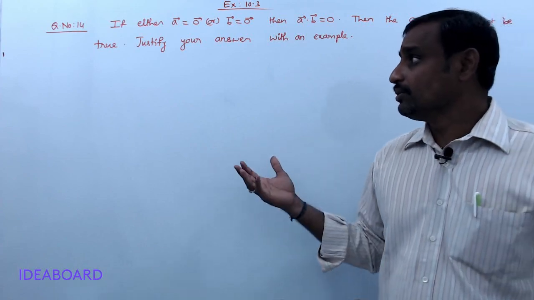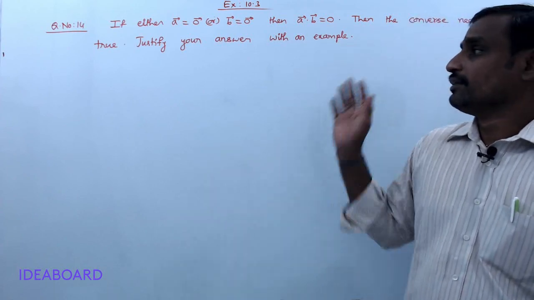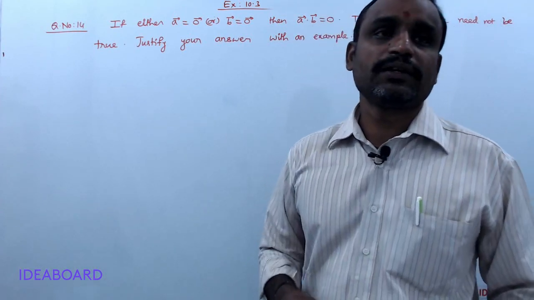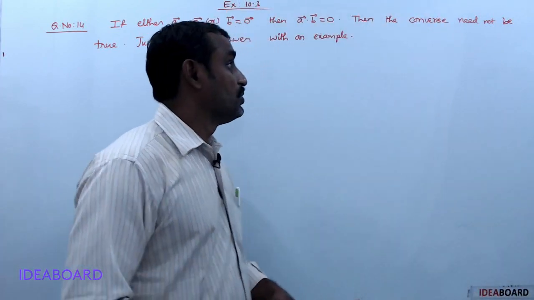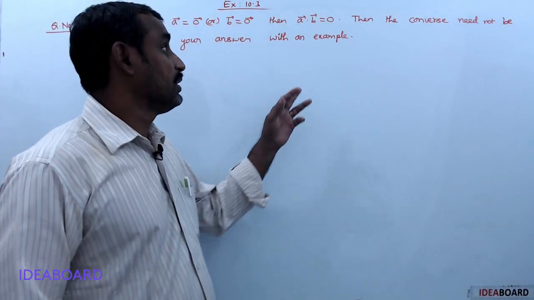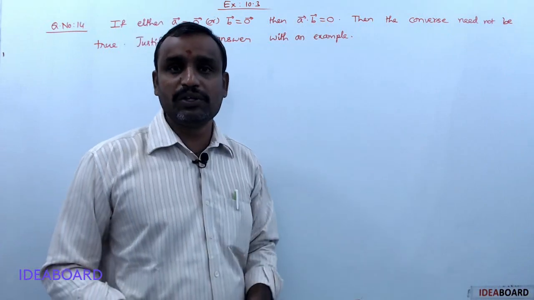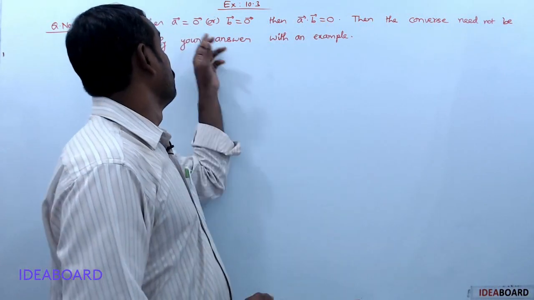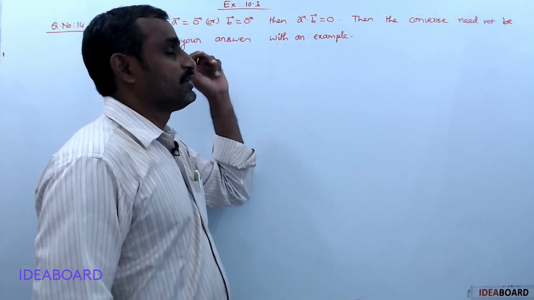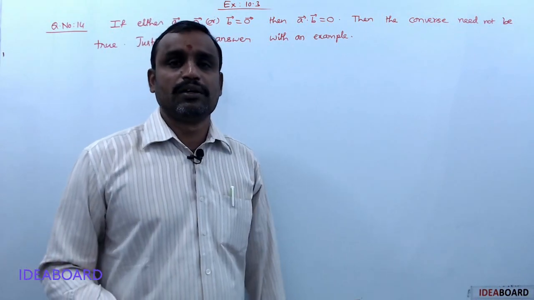So now how to find? That means we are assuming two vectors, and those two vectors' dot product you can calculate. The dot product must be equal to 0, but those two vectors are not null vectors.